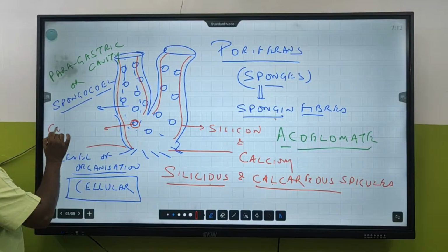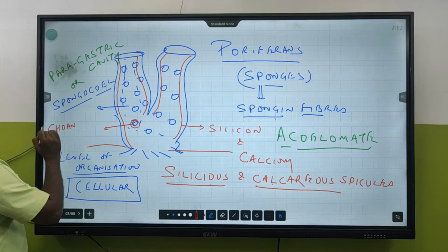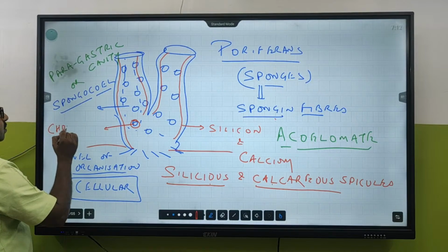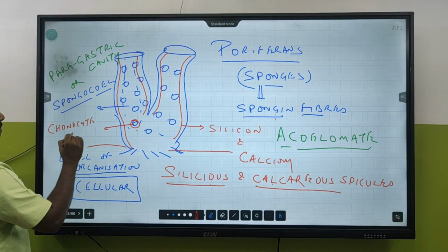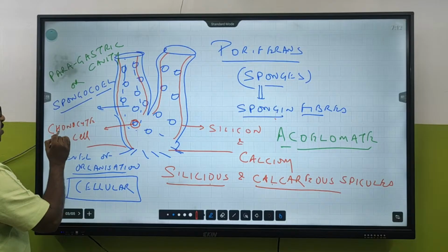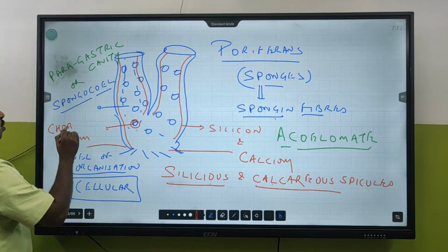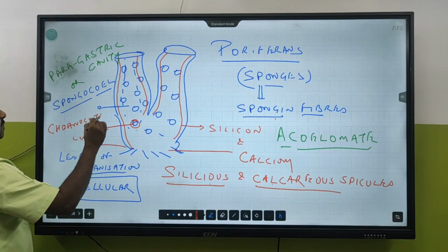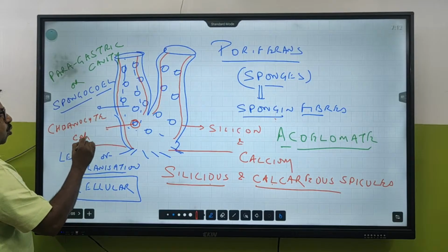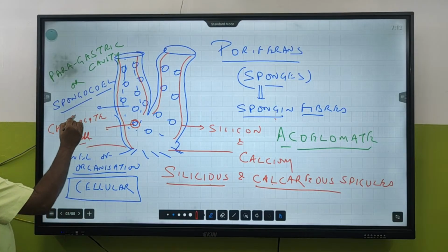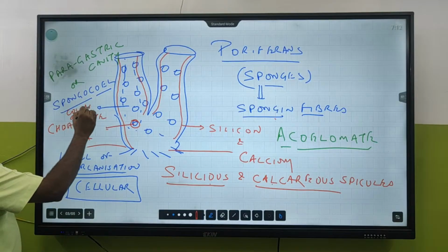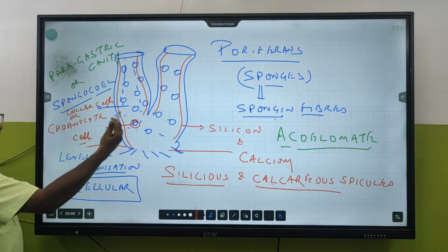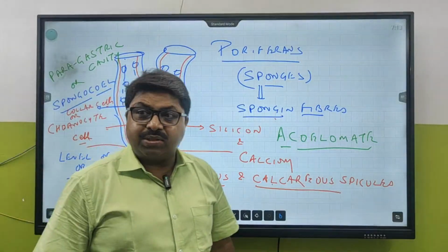These special cells are called choanocyte cells, which are also called collar cells. With the help of these collar cells, they can trap the food present inside the water.